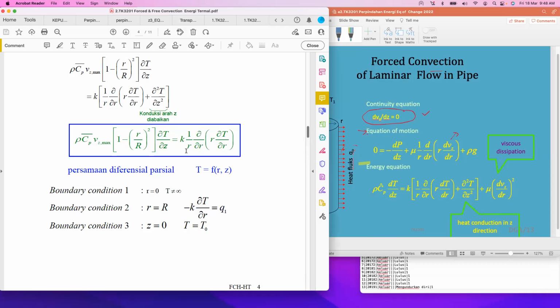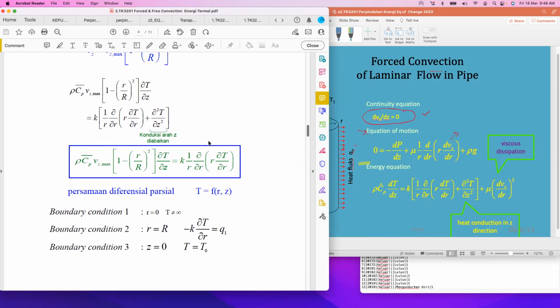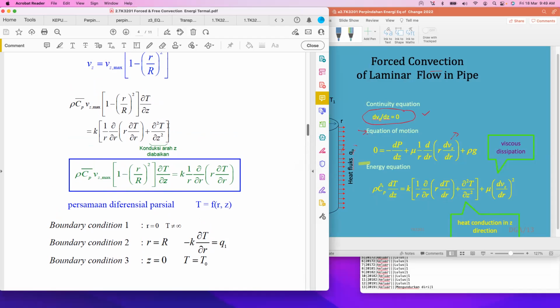So this is ∂v/∂t here, and I think for the energy equation the velocity is embedded somewhere here, and that would be equal to k (1/r) ∂/∂r of r ∂T/∂r, and then we neglected the conduction. So this part is quite similar.